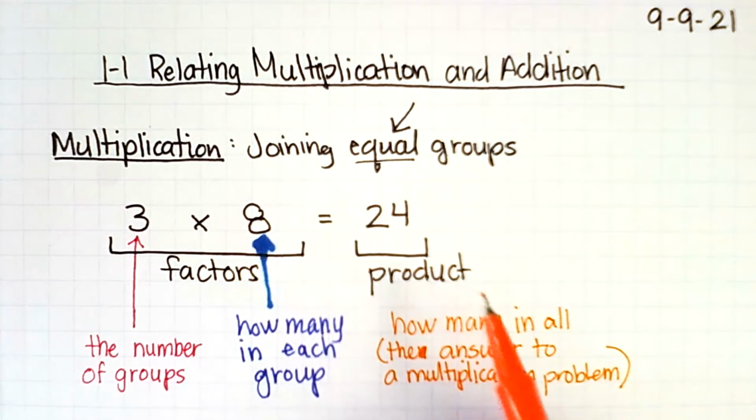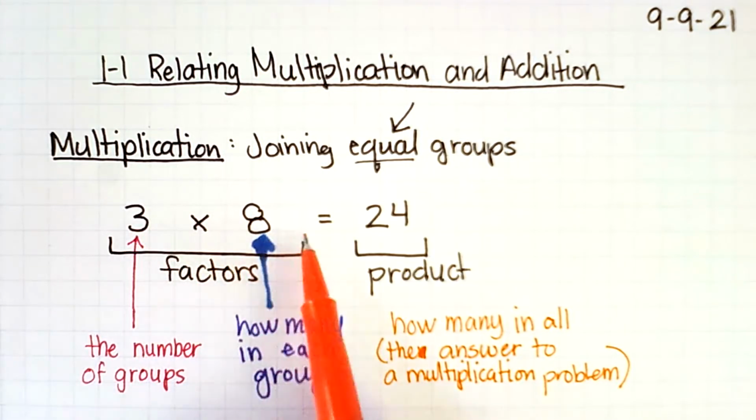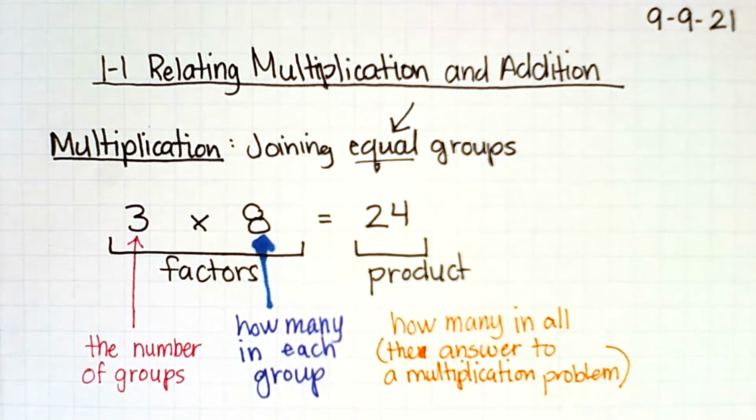We know the answer is called the product. We know that the first number is the number of groups. When we were talking about Jessie's goldfish, the first number is how many bags she had. The second number was how many goldfish were in each one of those bags. These are important things to remember while we go through it.